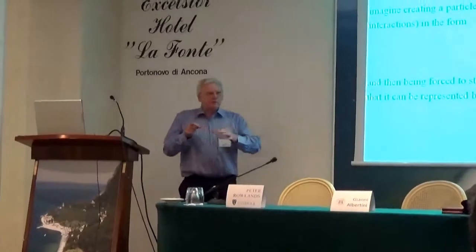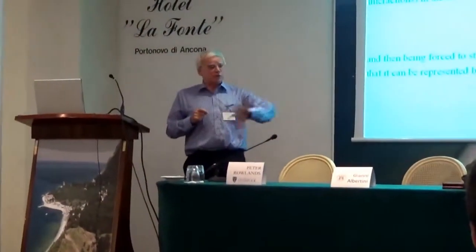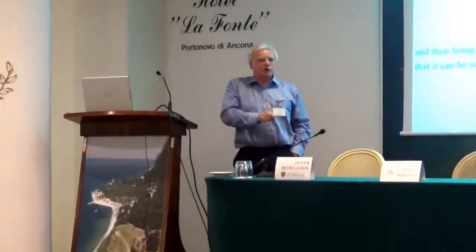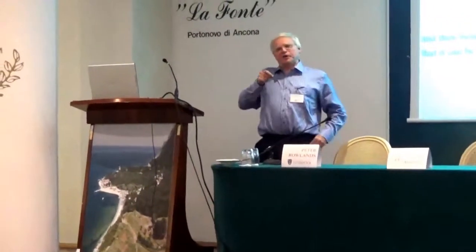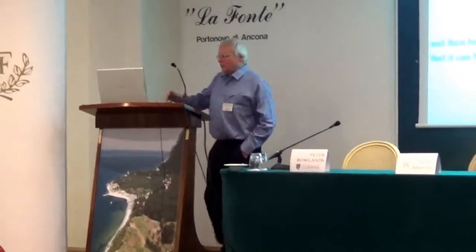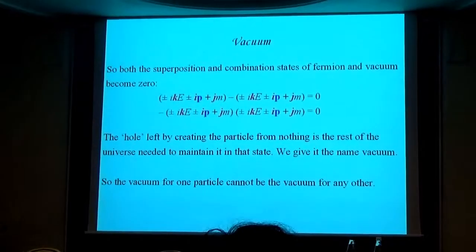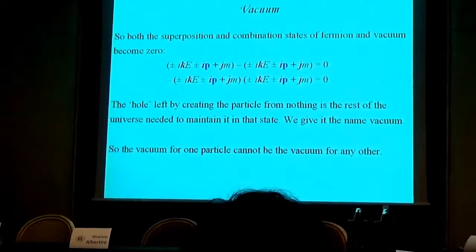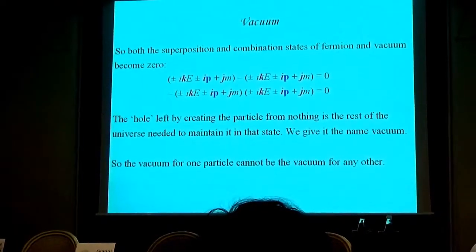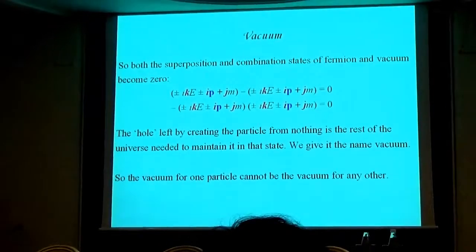And in physics, that means that particle and the rest of the universe with which it interacts total nothing. The rest of the universe is that hole in nothing that we've created, which we call vacuum. And if you like, both superposition states and combination states of fermion and vacuum become zero. And the vacuum for each particle must be different, which is another way of stating Pauli exclusion.